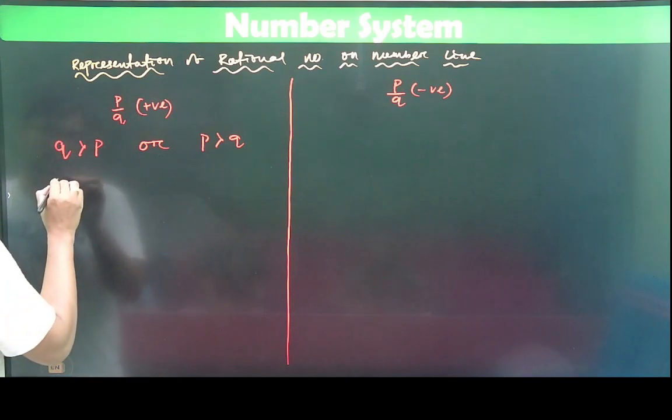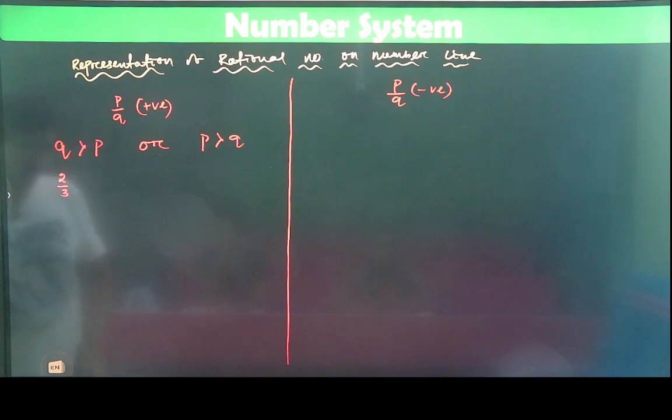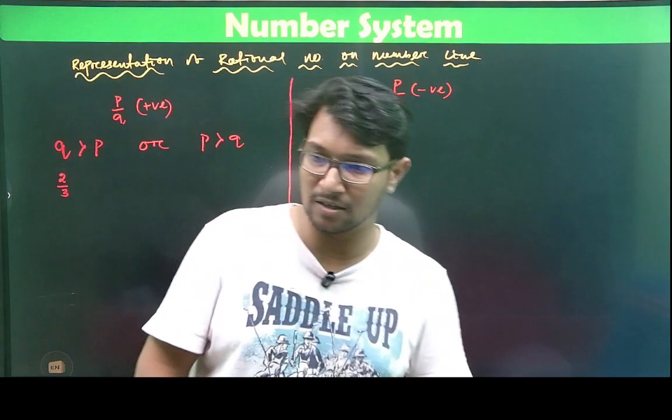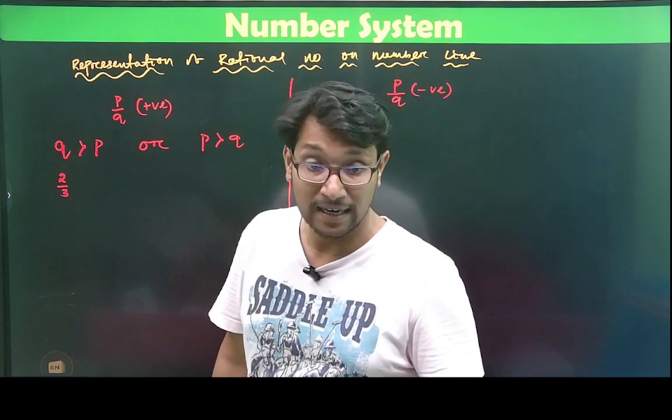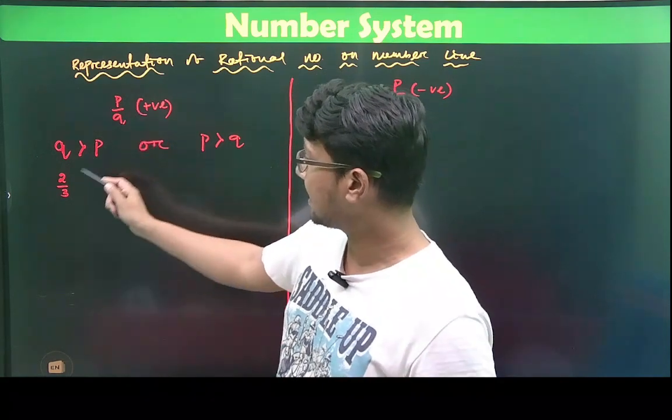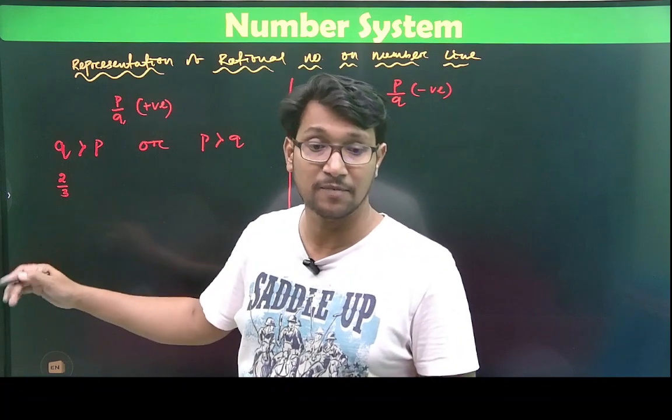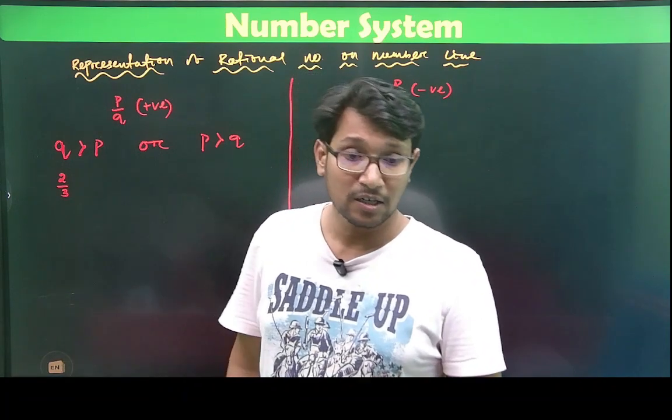Now check, children. When Q is greater than P, for example, 2 by 3. If you think about a fraction, it is which type of fraction? A proper fraction, where the numerator is smaller than the denominator.